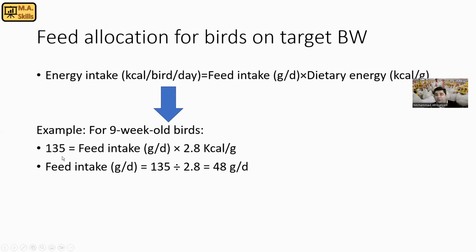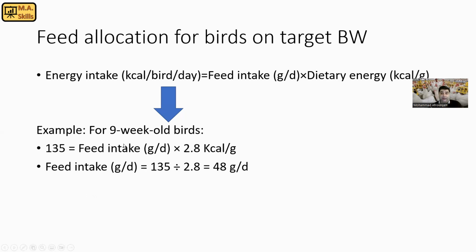You need to manipulate this value. Instead of putting 135, you may go 10 kilocalorie more, 5 kilocalorie more, depending on how much you are under target body weight. Or vice versa. If your birds are heavier, you need to decrease it a little bit.